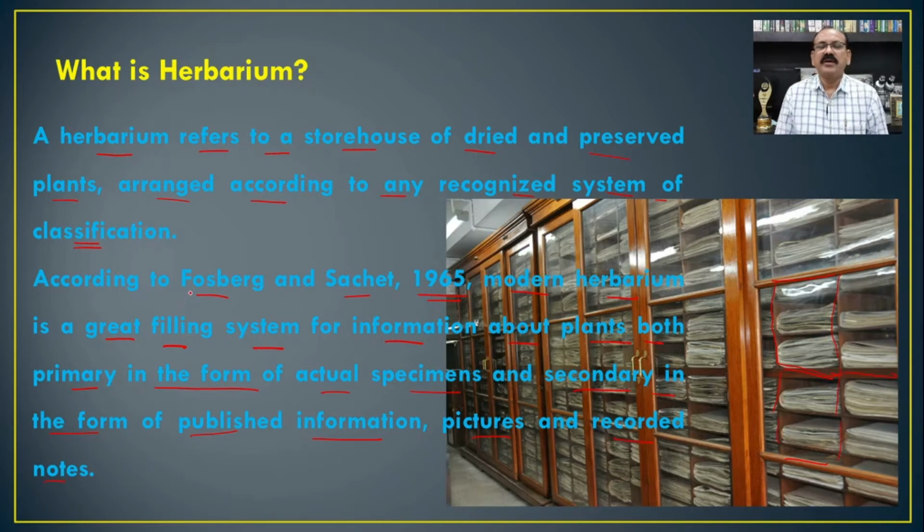So in this way, we can say the importance or the utilization of the herbarium in upcoming future, because in addition to the different specimens, we will have the other related information, and definitely that will be helpful to the upcoming generations engaged in the plant taxonomy research or angiosperm taxonomy research in the future.